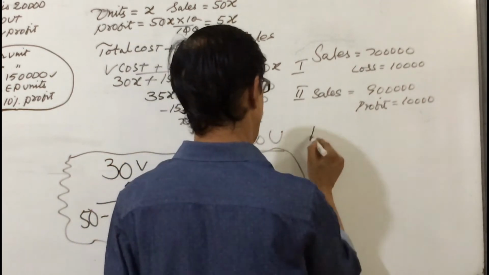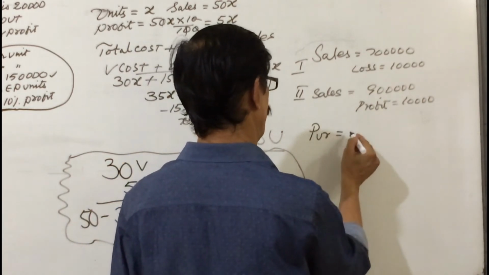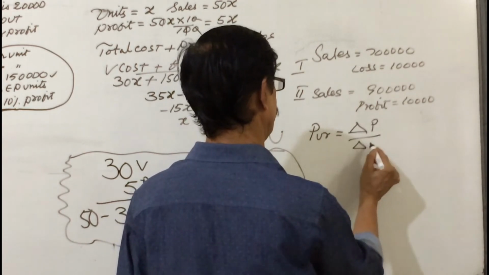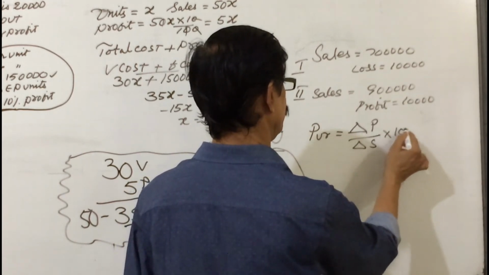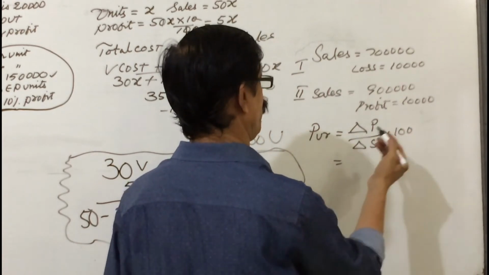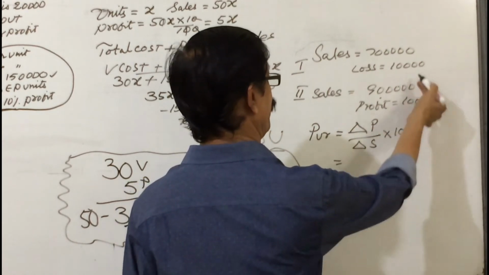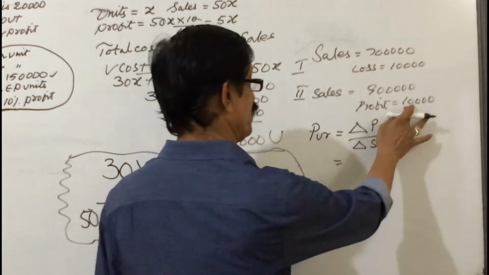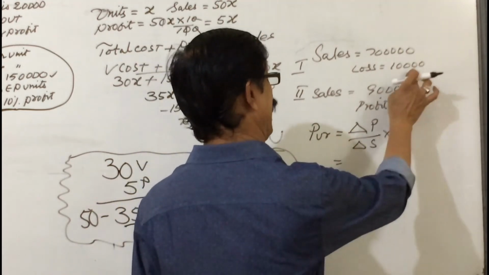Now, for PVR, we have a formula: change in profit by change in sales into 100. Change in profit means 10,000 minus 10,000, that is equal to 0? Don't say like that. 10,000 minus minus 10,000.